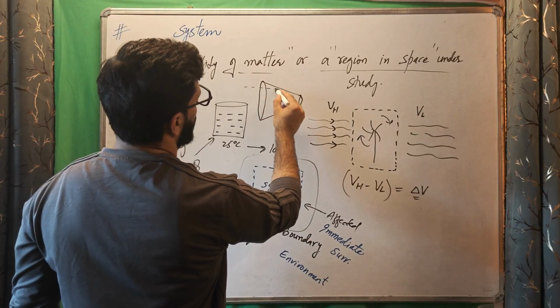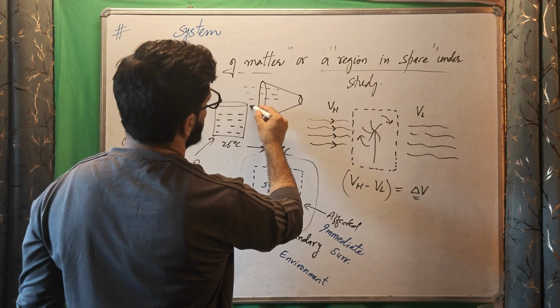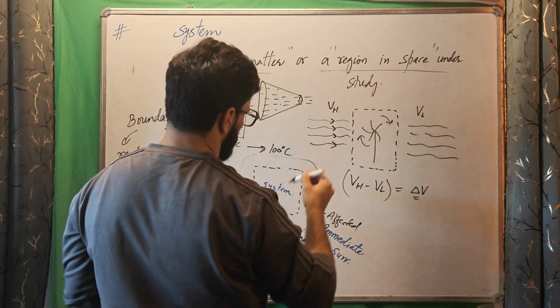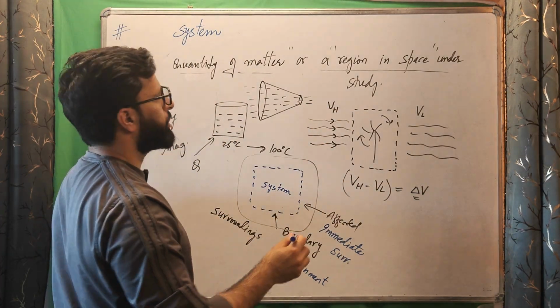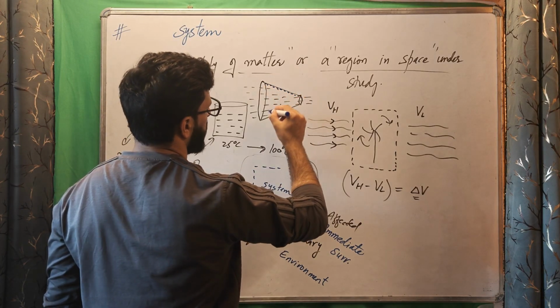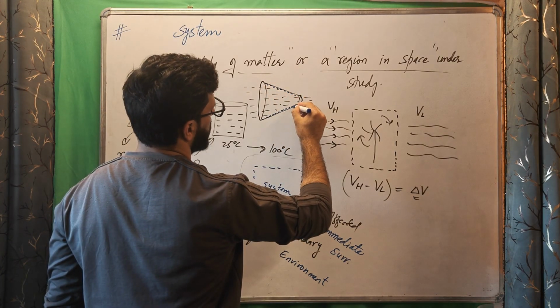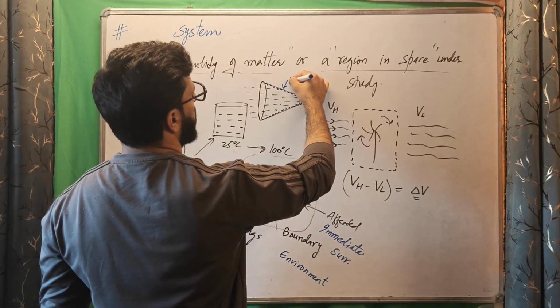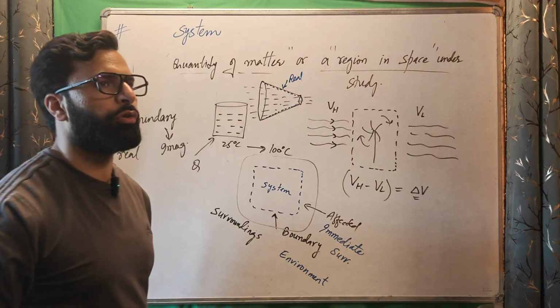Suppose water is flowing through this nozzle. So there are two types of boundaries involved. One is this boundary, the surrounding boundary of this nozzle. This is the real boundary because there are real walls.